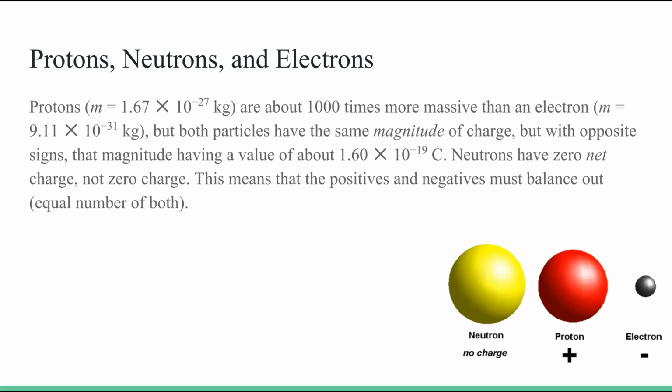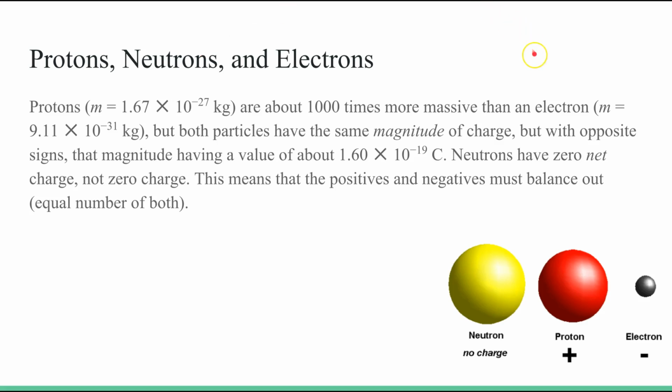So what are these electrons? And what are protons and neutrons? You might know protons are about 1,000 times more massive than electrons, and I've given the masses right here. The mass of a proton is 1.67 times 10 to the negative 27 kilograms.